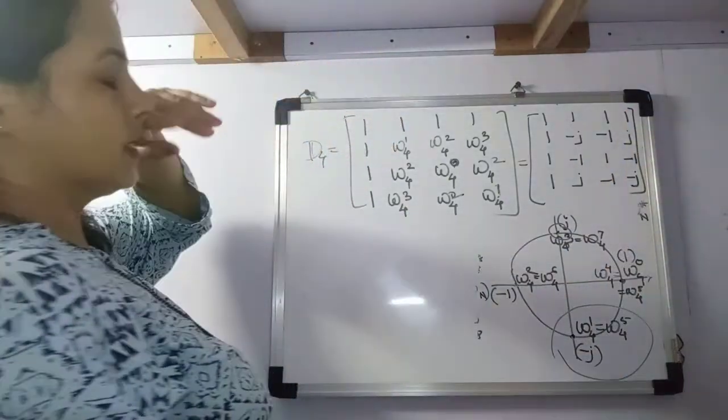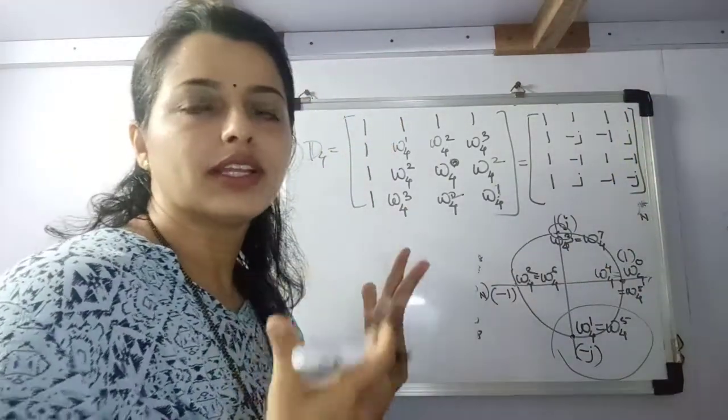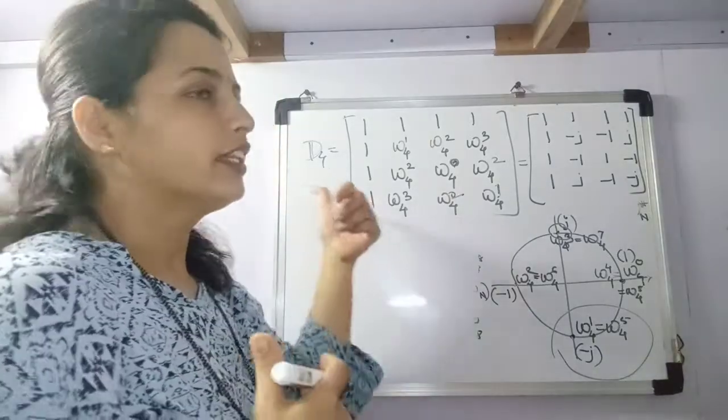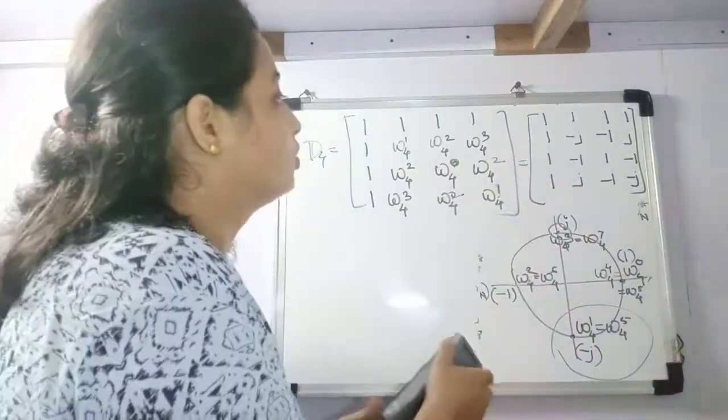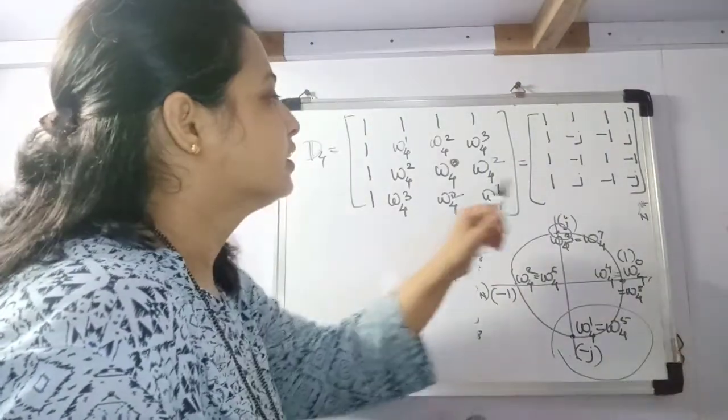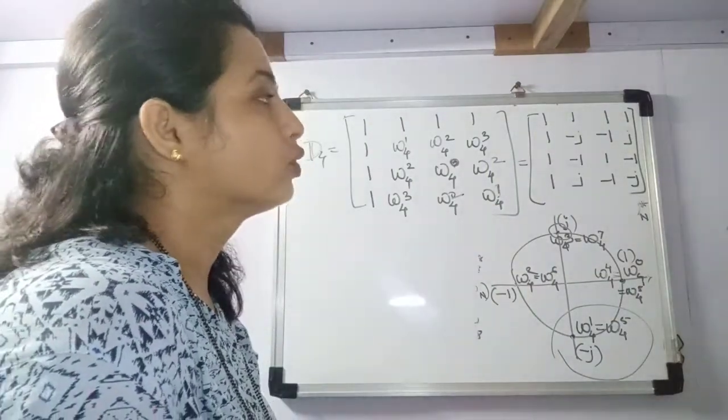So this is how you calculate D4. You can similarly calculate D8 or any N by N matrix if you have all those point calculations, and you just need this matrix to calculate the 4-point DFT.